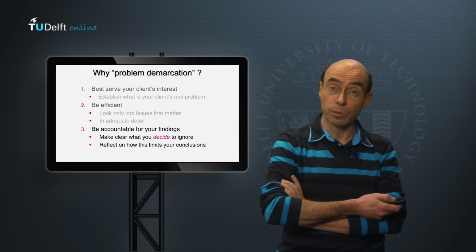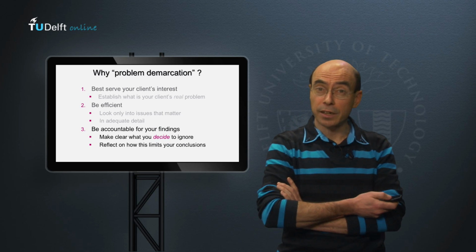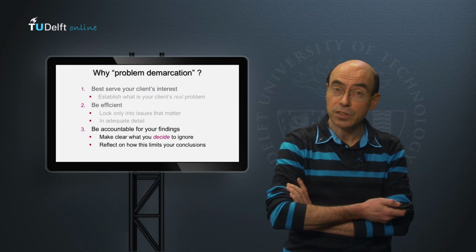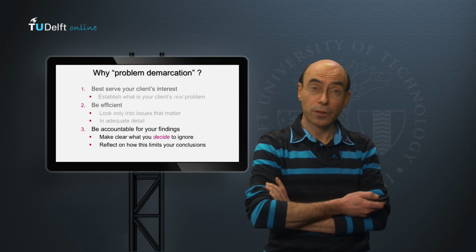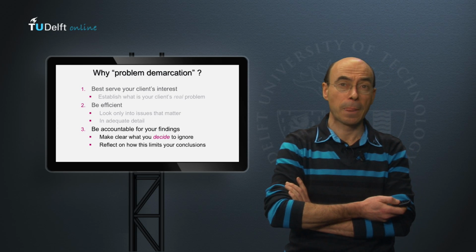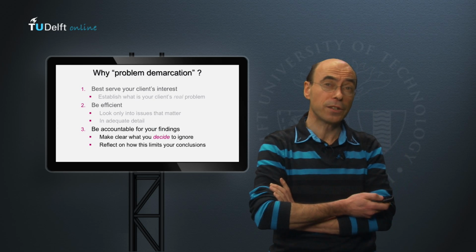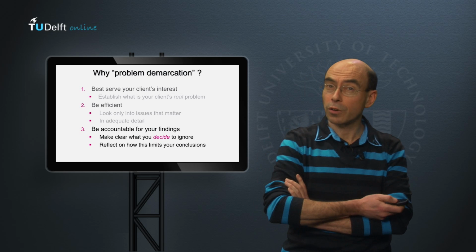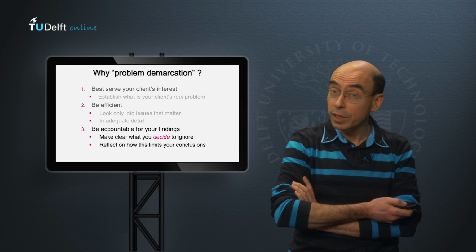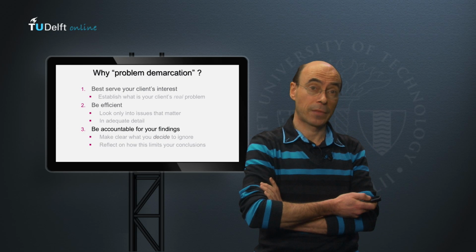By demarcating the problem, you make clear to your client what will be the scope of your analysis. In other words, the things that you will consider and also the things that you might have considered but decide to ignore. This allows both you and your client to reflect on how this will eventually limit the conclusions that you can draw and the recommendations that you can make.